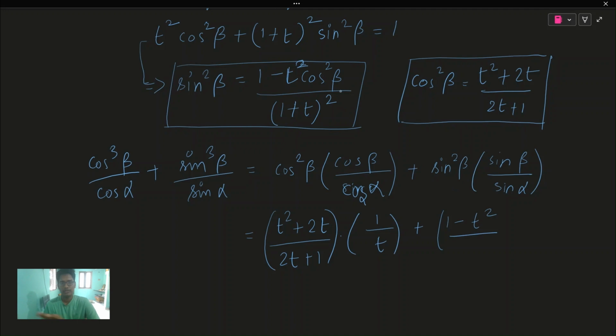So I should just substitute that also. And after substituting, I would get 1 by 2t plus 1 into 1 by t plus 1.